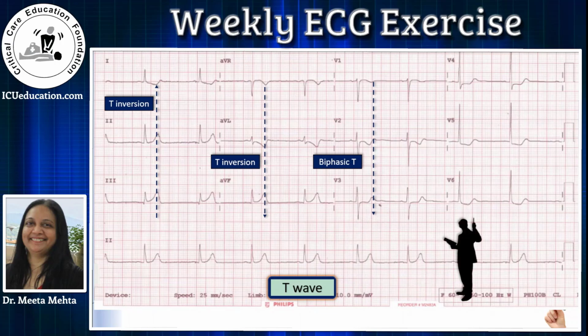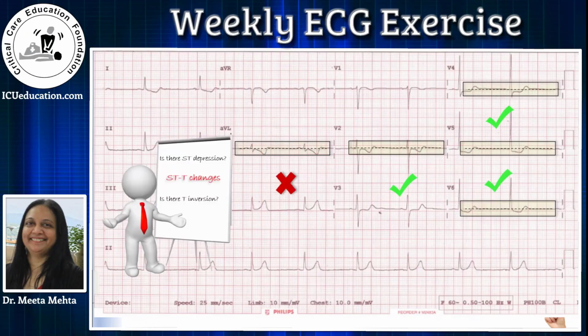Now let's look at the last set, that is V4, V5, V6. Draw a line from the peak of the T wave and all three T waves are upright. So these are upright T waves and there is no T wave inversion. So now if we combine all these and we want to figure out in STT changes which lead has T wave inversion or which lead has ST depression. Lead AVL has no ST depression but T inversion.